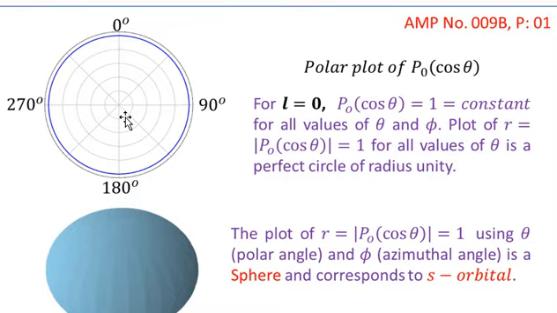And the xy plane, or the equator plane, lies along the 90 degree and 270 degree. So this 90 degree to 270 degree line is a line at the center of the equator, and it will represent both the x-axis and y-axis.